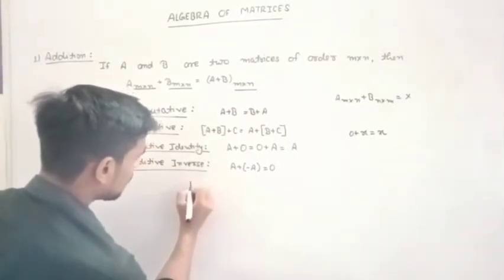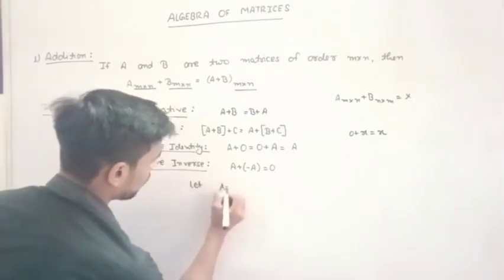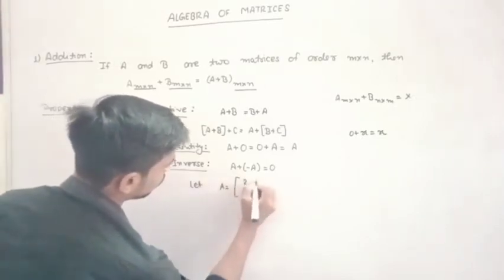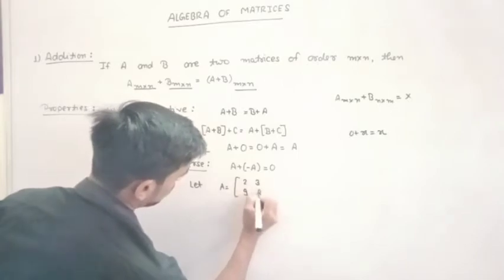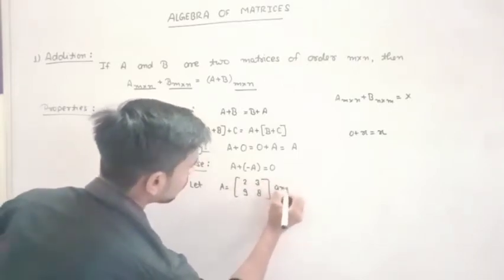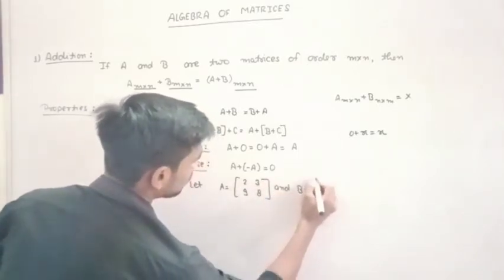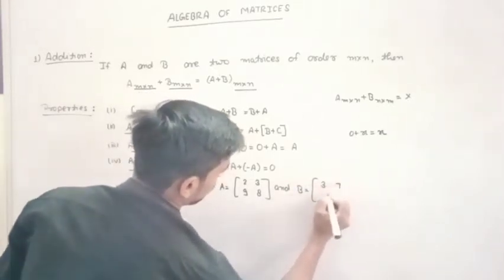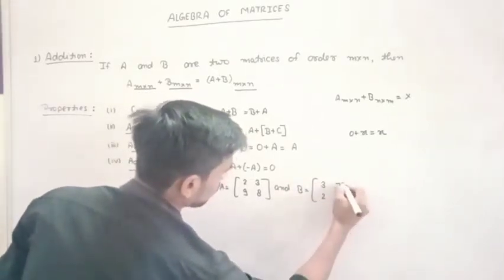Here we take an example for the summation of matrices. Let A be equal to 2, 3, 9, 8 and B be equal to 3, 7, 2, 9.